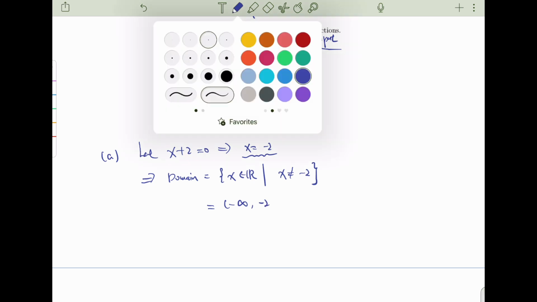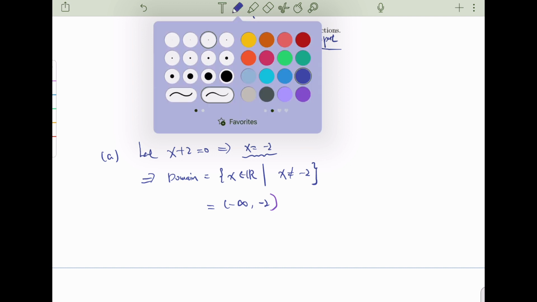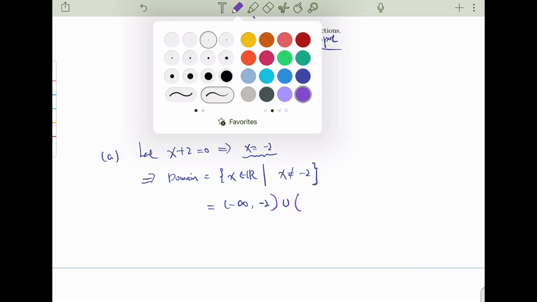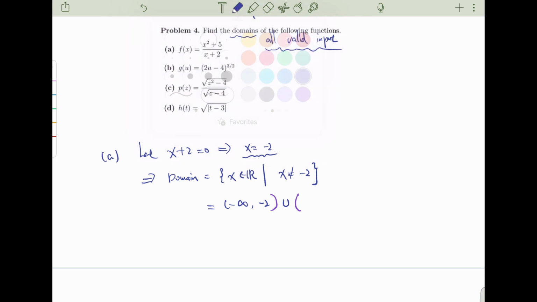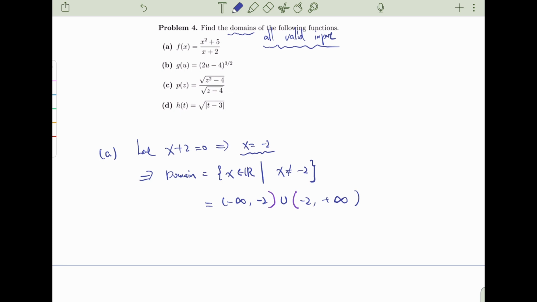This is the open bracket, which means that we are not including -2 in the interval. And union, open bracket again, and we're going to take from -2 to positive infinity. So it's just everything except for -2. So that is the domain of question A.